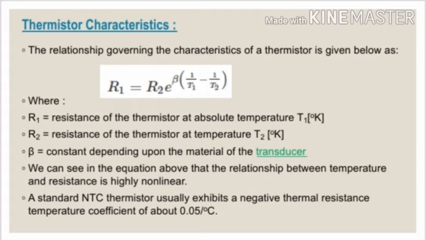R2 is the resistance of the thermistor at temperature T2, which is in Kelvin. Beta is a constant depending upon the material of the transducer. We can see in the equation above that the relationship between temperature and resistance is highly nonlinear. A standard NTC thermistor usually exhibits a negative thermal resistance temperature coefficient of about 0.05 per degree Celsius.